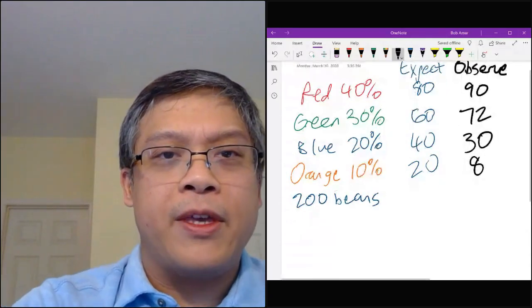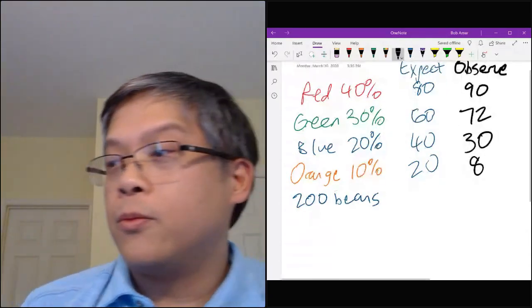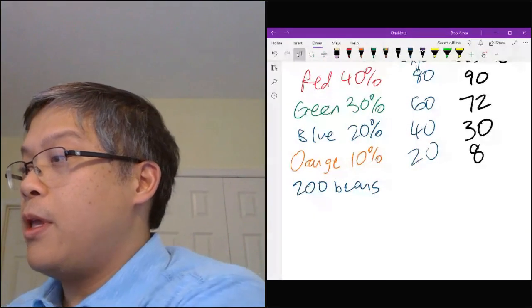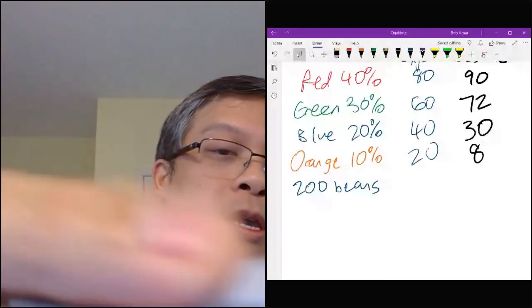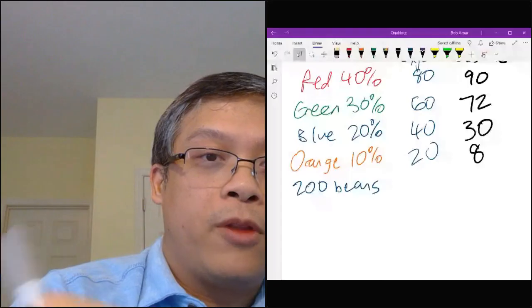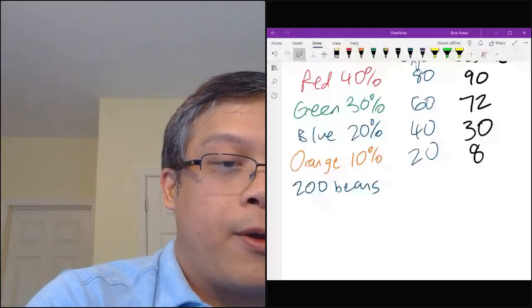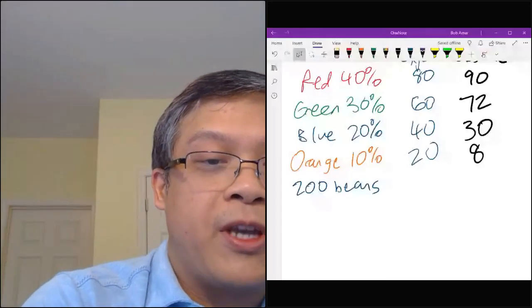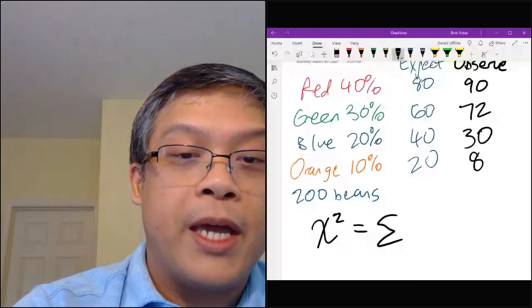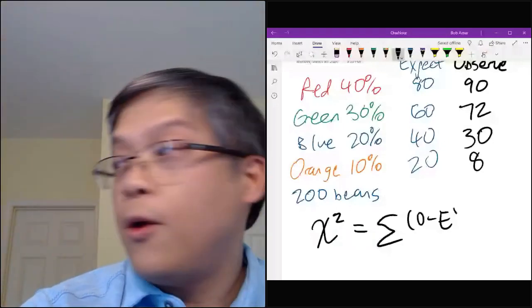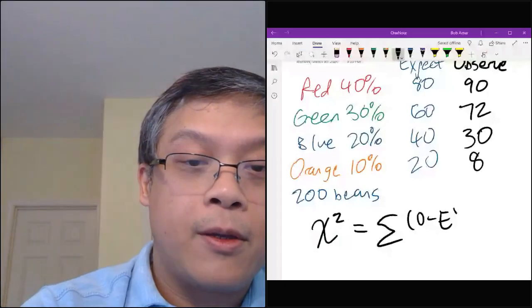And so to calculate this test statistic, what you're always looking to do is to basically sum up all of these differences. So the chi-squared test statistic is the sum, and I'm not putting any fancy things on here, of just the observed minus expected squared over the expected.